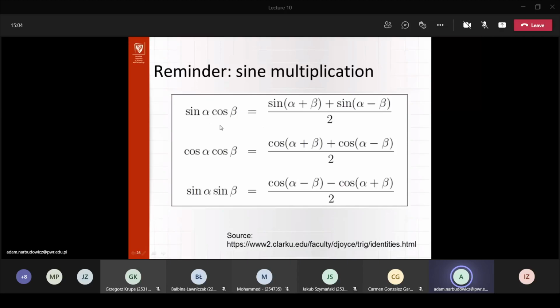However, in this case, we are multiplying sine over cosine, so we still get our carrier frequency plus signal frequency component, plus sine of the negative value. What changes in this context is that we use the sine function and not cosine as previously.